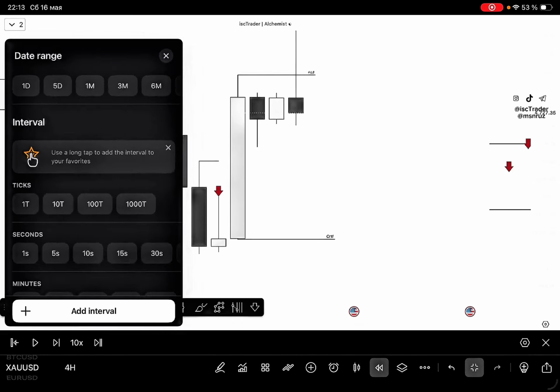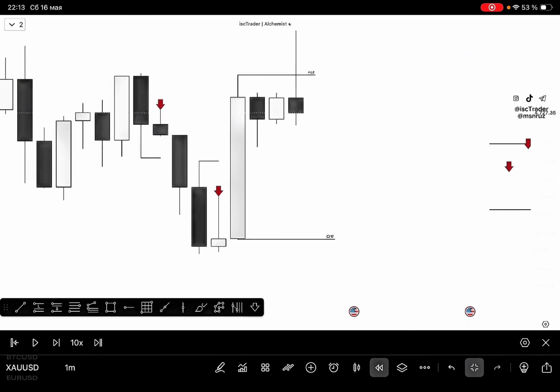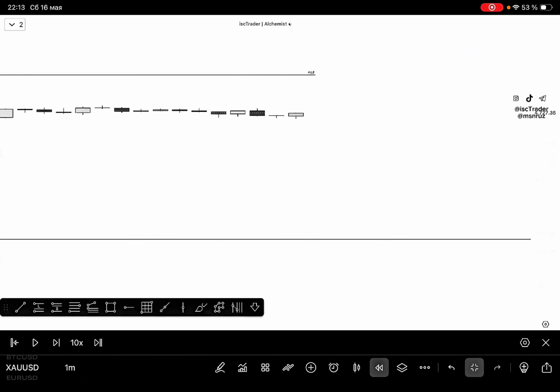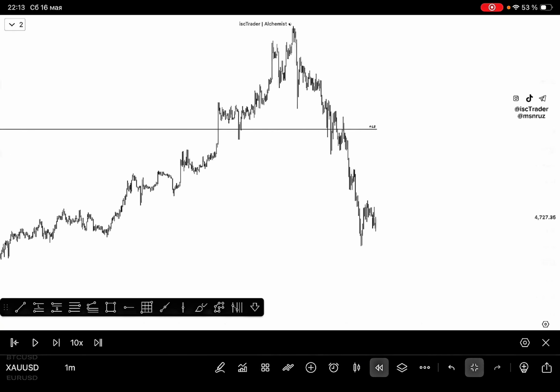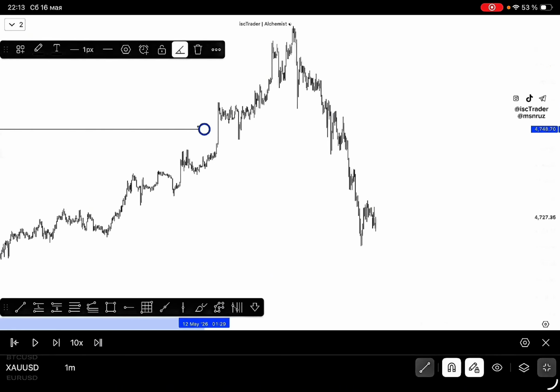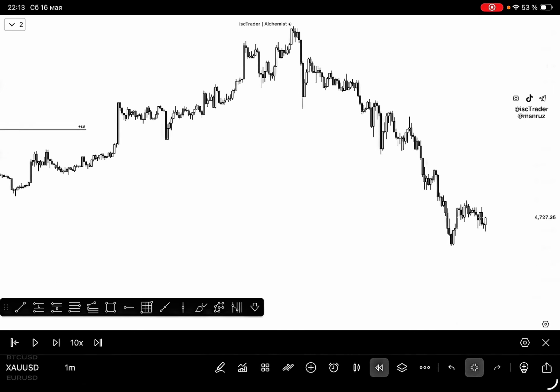CRT low, and we switch to the M1 time frame. We need to look for confirmation to enter the trade.